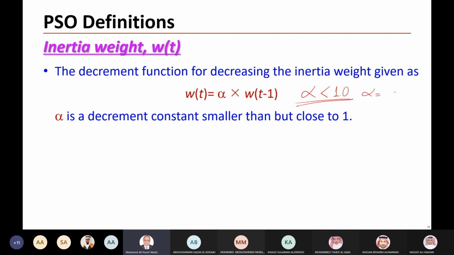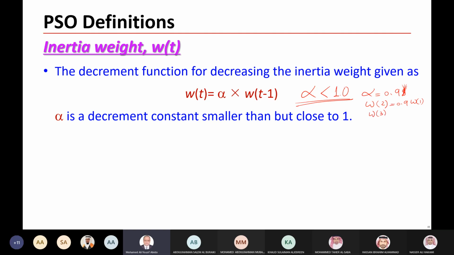We can set alpha equal to 0.95, or even 0.9. If we set it to 0.9, then W at iteration 2 equals 0.9 W of iteration 1.